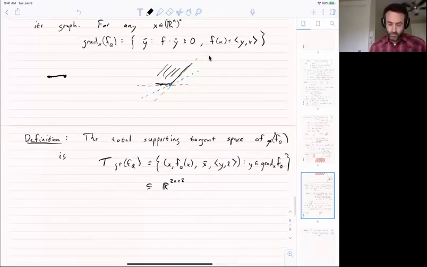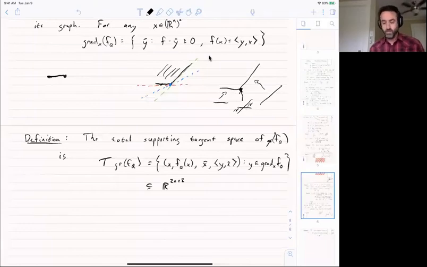So the picture that I was drawing up here, we can draw it. Here we'll have spaces in the second factor that will just be the line associated to this ray, and then over this one we'll have the line associated to this ray, and over this one point we'll have this kind of space. That's what lives over that middle point.